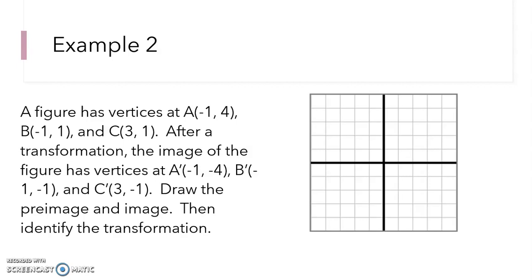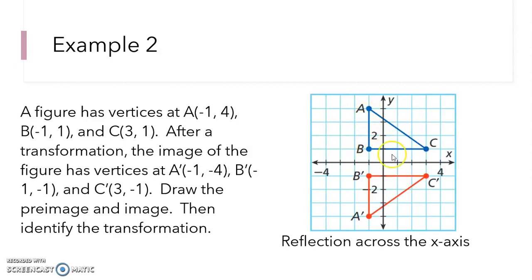Draw the image and the pre-image, and then identify the transformation. So all we need to do is graph all these points, and then don't forget to label them, and then see where our original shape has now been moved to, and what we would call that movement. So go ahead and do that, and then press play to check your answer.